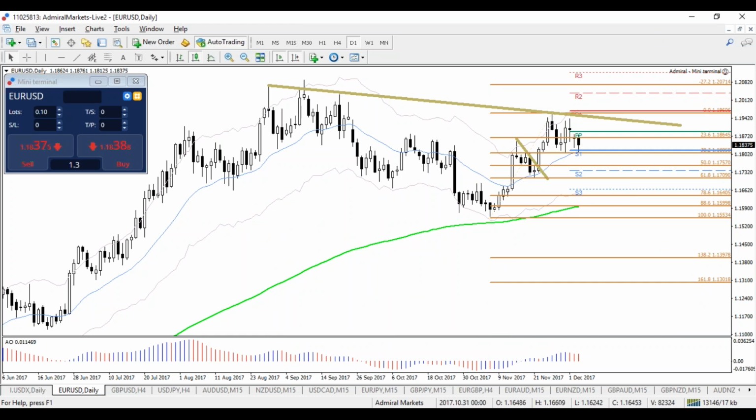Of course, it's also nice if there's a lot of confluence of support or resistance, because the more confluence of support, the more confluence of resistance, the higher likelihood that price will also respond to those levels. So one thing is the strength of support or resistance. The other thing is how much space do we have or expect before price runs into some level that might be the target. Here we had this space. We expected it based on our analysis.